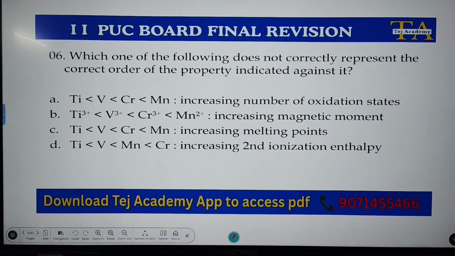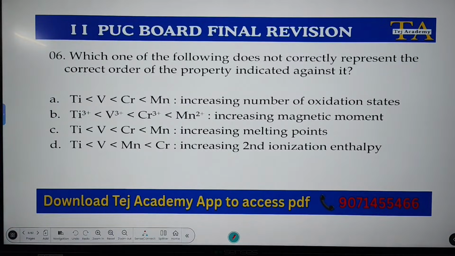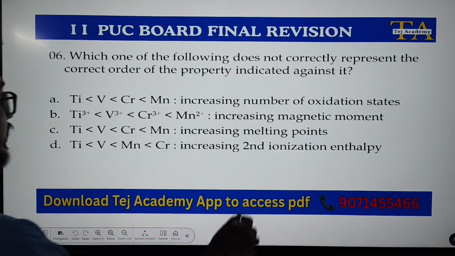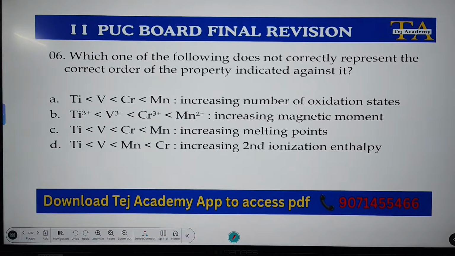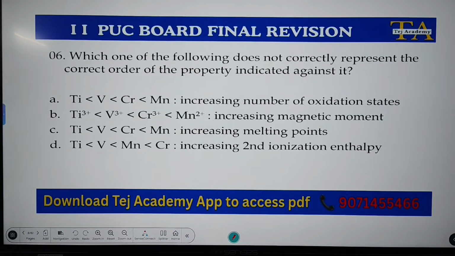Sixth one, which one of the following does not correctly represent the correct order of the property indicated against it? So ಈ ಪ್ರಾಪರ್ಟೀಸ್ ಕೊಟ್ಟಿದ್ದಾರೆ, ಅದರ ಕ್ಯಾರೆಕ್ಟರಿಸ್ಟಿಕ್ಸ್ ಕೊಟ್ಟಿದ್ದಾರೆ. So increasing oxidation number, Ti, V, chromium, manganese, correct. So option B, that is also correct.